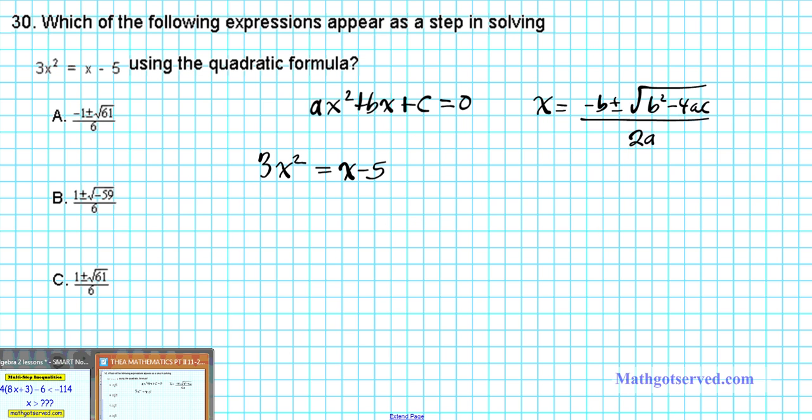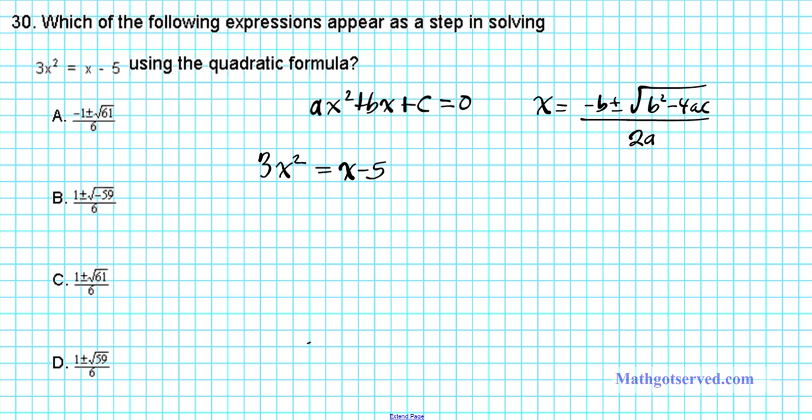Okay? All right, now let's go ahead and do that. To accomplish that, I'm going to subtract x from both sides. Okay, and then I'll also add 5 to both sides, so that we have it equal to 0.